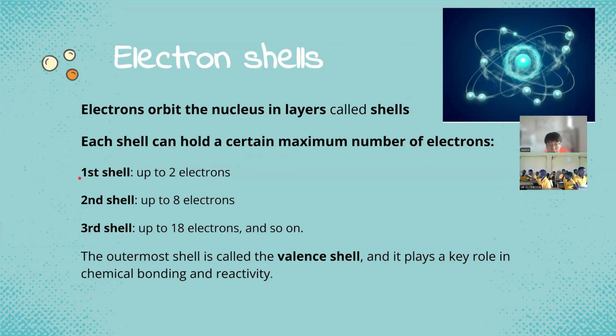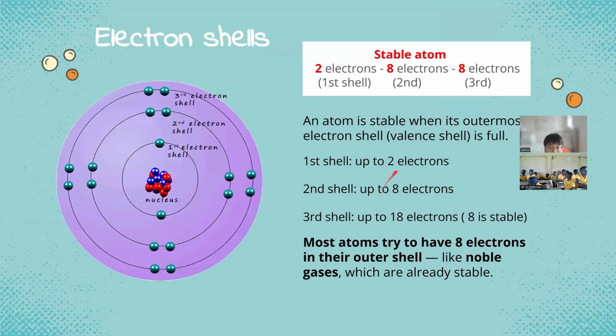So the first shell can hold up to 2 electrons, the second shell 8, and the third shell 18 electrons, and so on. And the outermost shell is called the valence shell, and it plays a key role in reactions, as we will learn later.